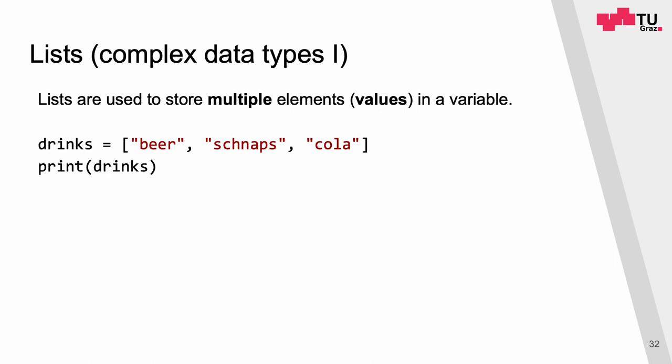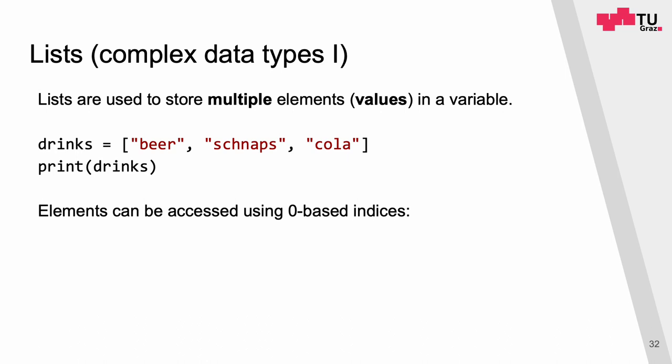And we can also print out the elements of this list using our print function. And we can also access the elements within those lists using a zero-based index. Zero-based simply means we start counting at 0. So the first element is accessed via a 0.